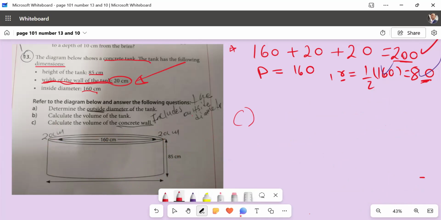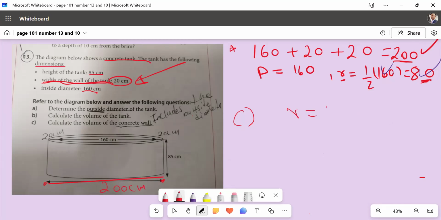The volume of a concrete wall will include this distance from here up to here, from here up to here. That will be the diameter, which is 200. It's the one that we've calculated there.